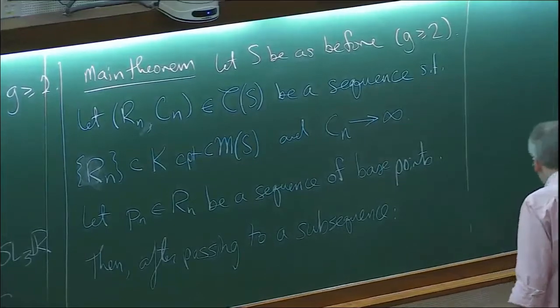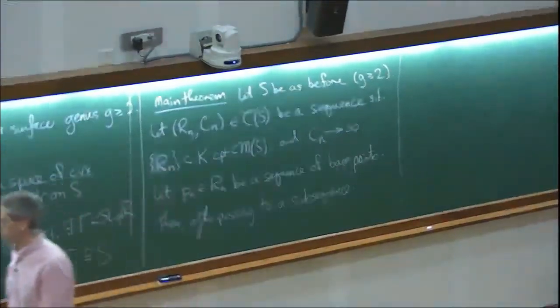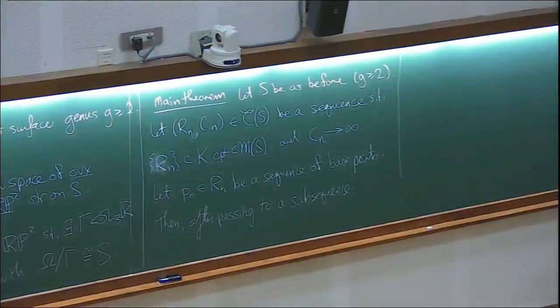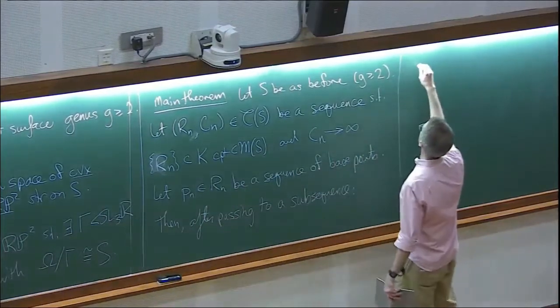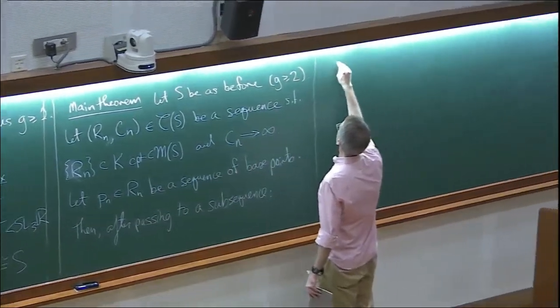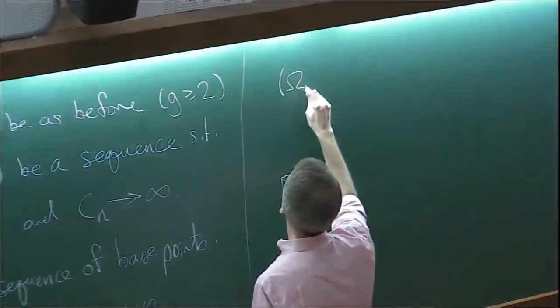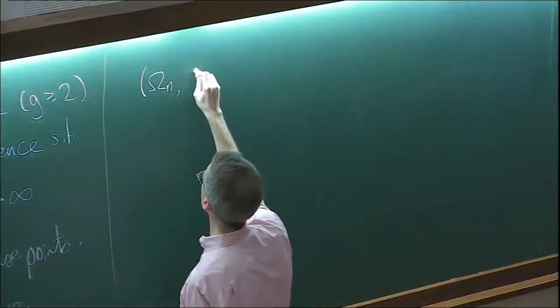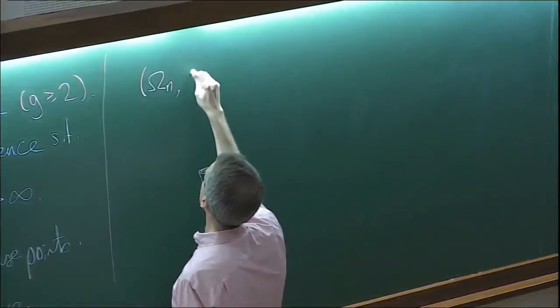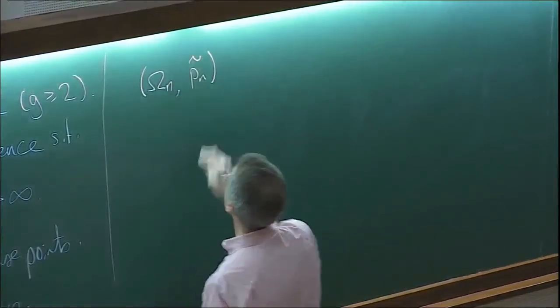So then, after passing to a subsequence, I'll call it omega n and Pn tilde.